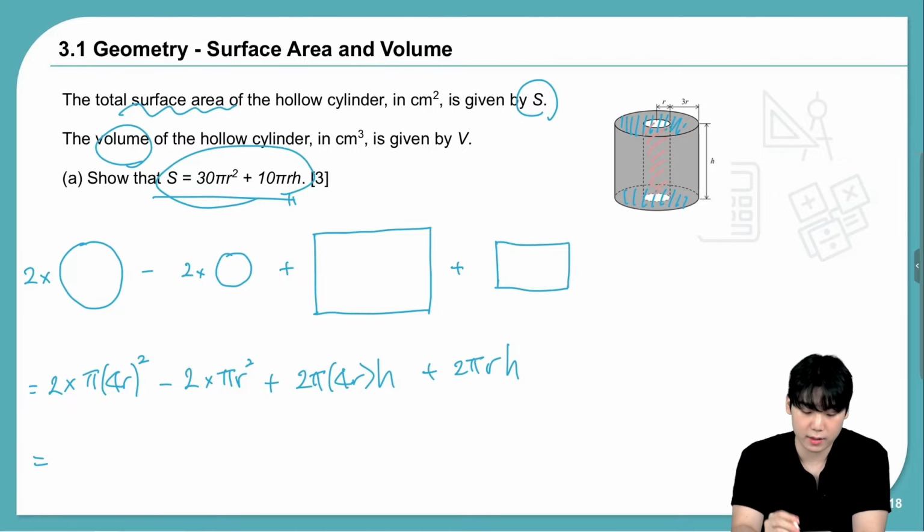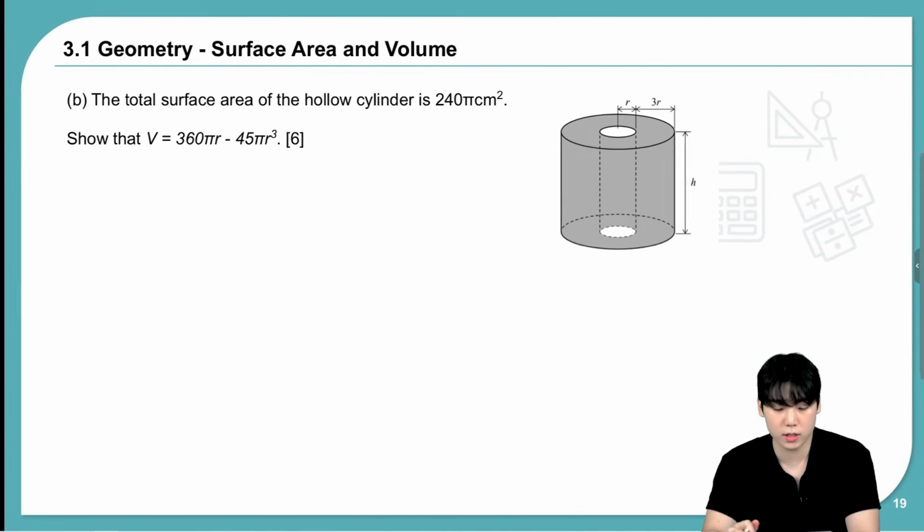Let's simplify that. That is 2 pi 16r square minus 2 pi r square plus 8 pi r h plus 2 pi r h. Further simplifying that gives 30 pi r square plus 10 pi r h, which is the required form. Okay, moving on to the next question.